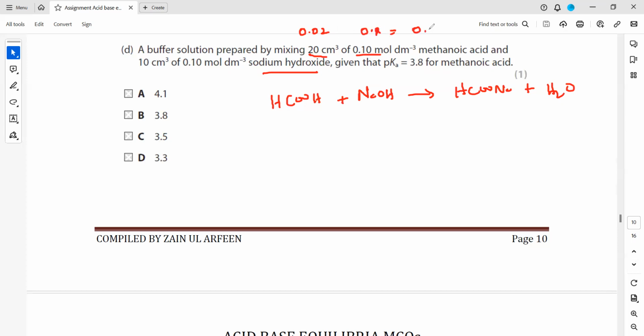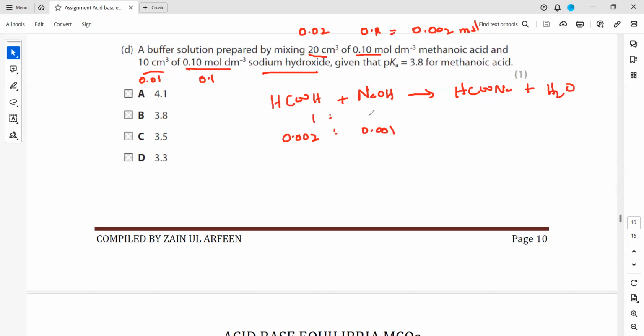So when we multiply, it will be 0.002 moles for methanoic acid. So we have 0.002 moles of methanoic acid. How many moles of sodium hydroxide are there? This will be divided by 1000, so 0.01, and this 0.1. So when we multiply, we'll have 0.001.